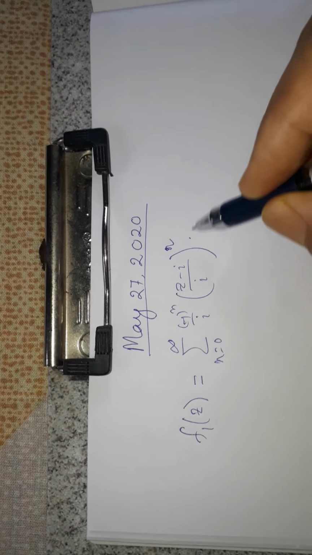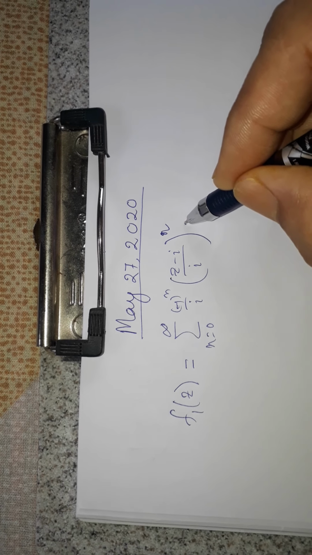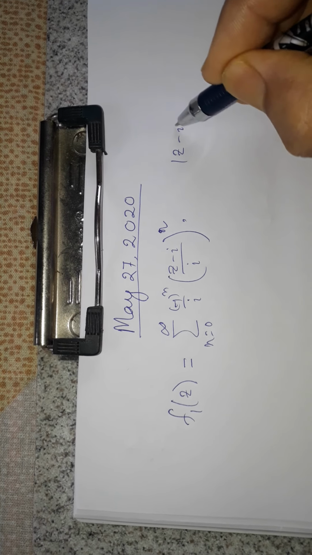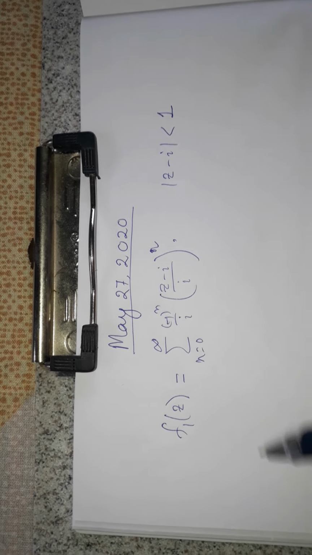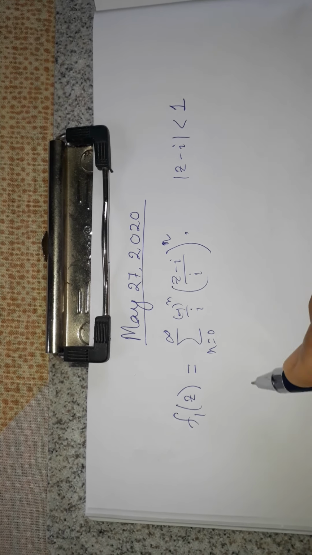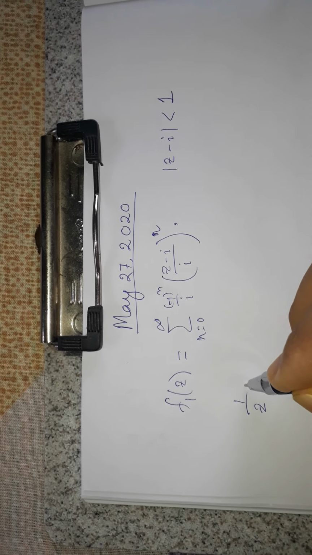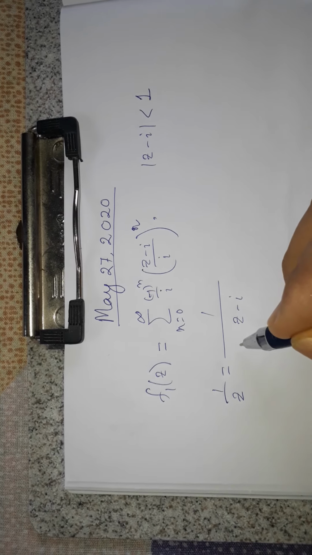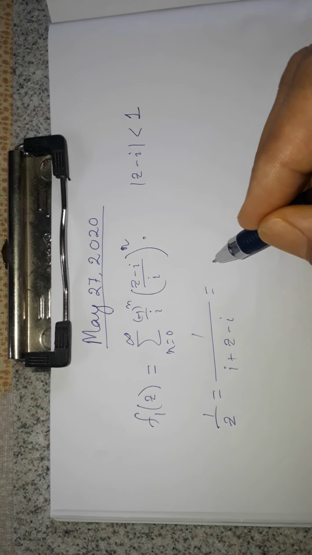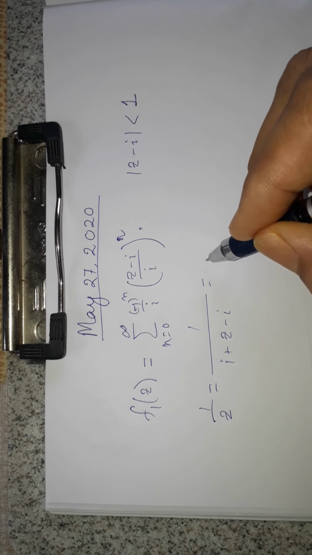At first it may look very odd. This function is analytic here. How? Actually this is nothing but 1 over z. Because it is 1 over z, I can write it as 1 over (z minus i plus i). I want a Taylor expansion of this function.